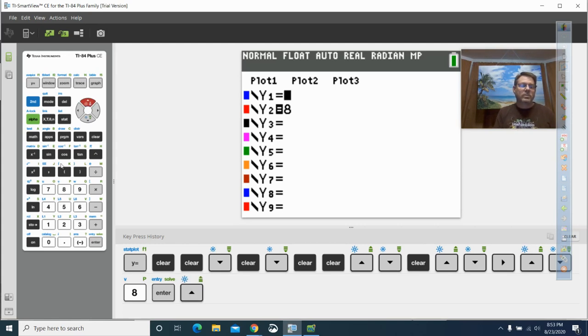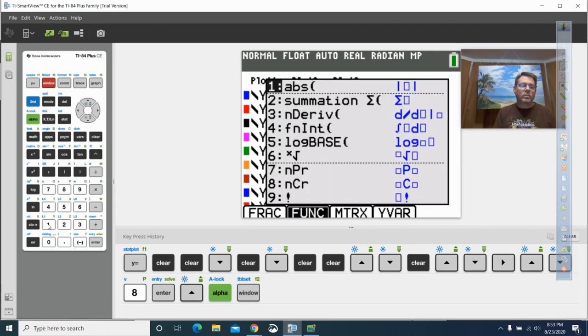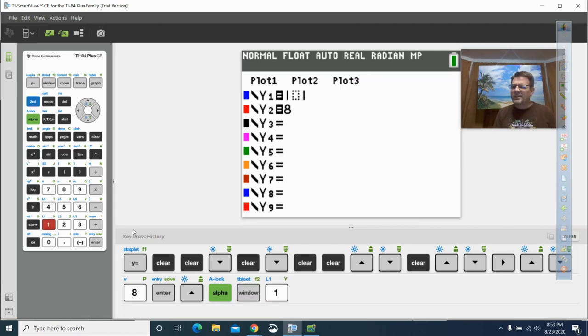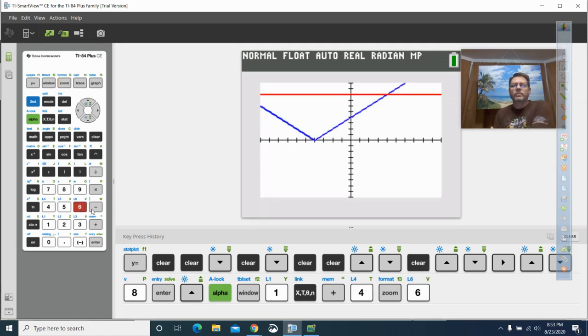And this other one was going to be alpha y equals, number 1, absolute value of x plus 4, I believe is what it said. There we go. Then hit zoom 6. Okay, whoops. It's a good opportunity. So this guy is hanging out over here. How can I change my window? Well, I can zoom, but watch out.